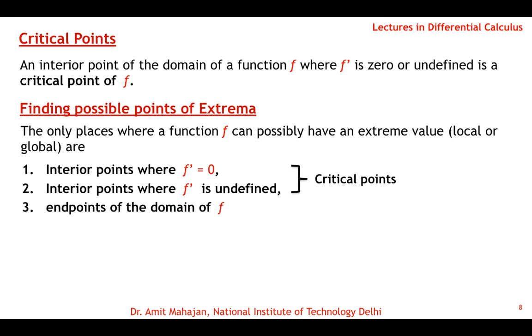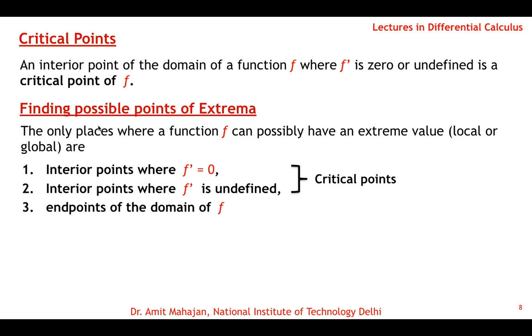Okay, so how to find the possible points for extrema? As I said, if you are given a function or a curve, then there is no need to check at each point of the domain the function value and compare them to find maximum or minima. Okay, so we only need to investigate a few points to find the function extrema, and to do that we have to find all the critical points, and whatever the endpoints of the domain are, the extreme values can exist at those points.